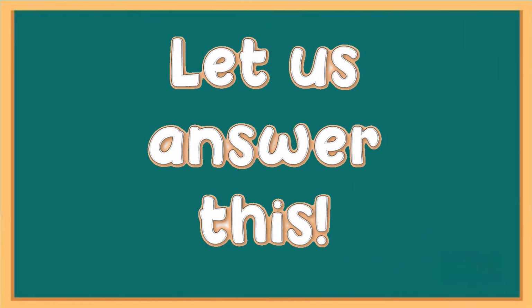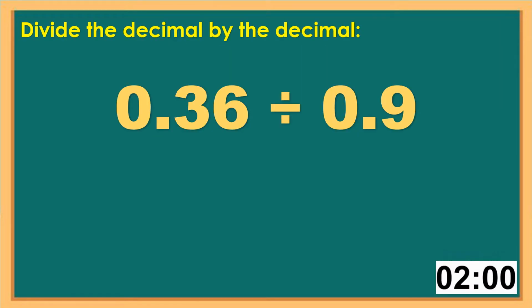Let us answer this. Divide the decimal by the decimal. 36 hundredths divided by 9 tenths.